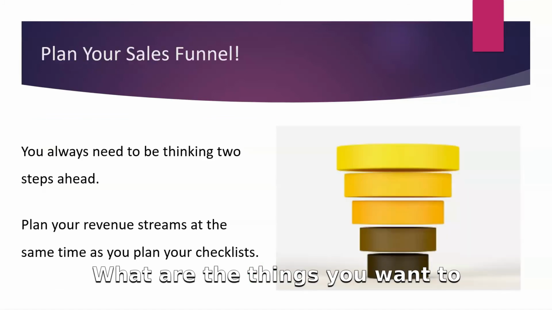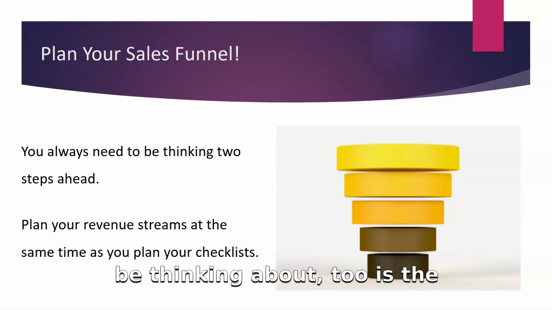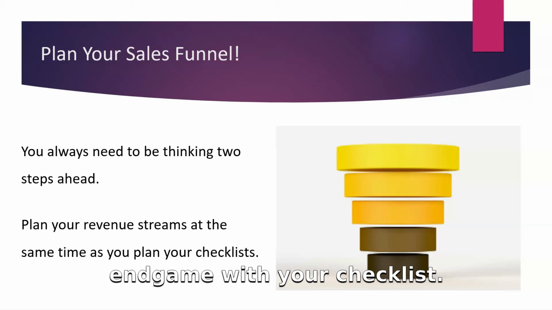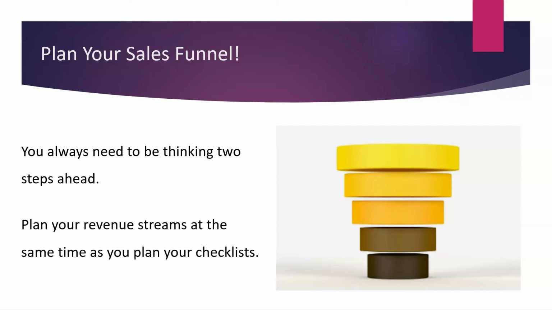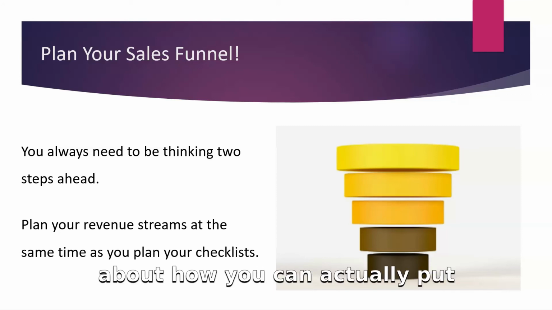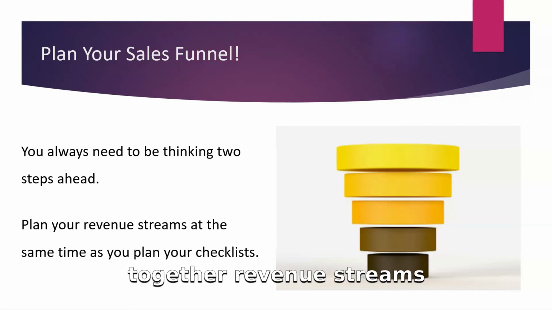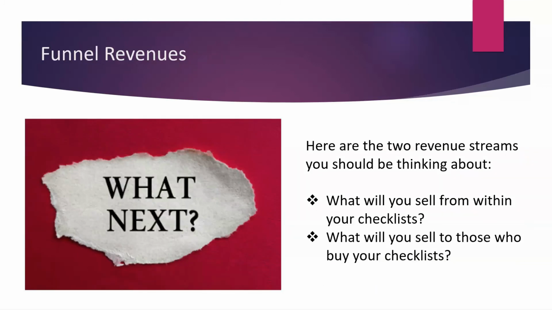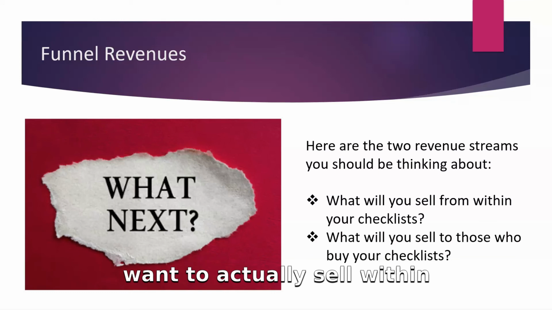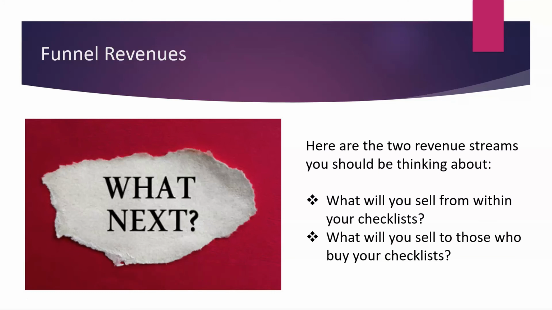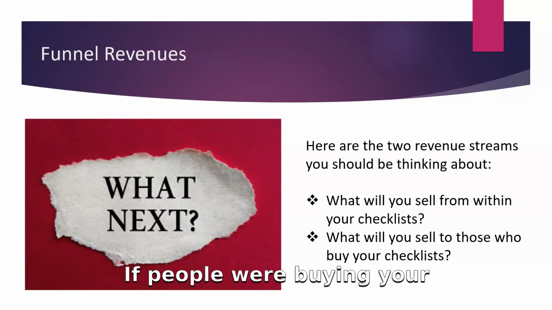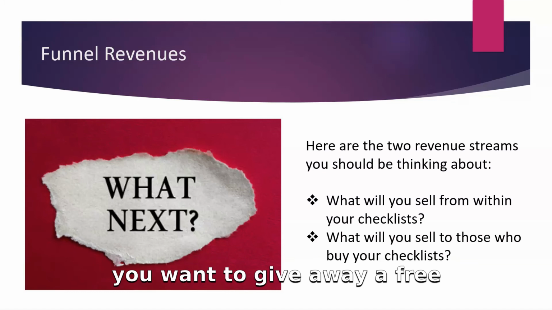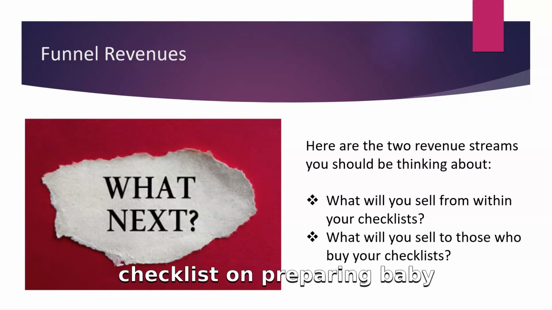One of the things you want to be thinking about too is the end game with your checklist. You want to be strategic, thinking about how you can actually put together revenue streams with your checklists. If there's something you want to actually sell within your checklists, how would you sell it if people were buying your checklist? Let's say, for example, you want to give away a free checklist on preparing baby food.